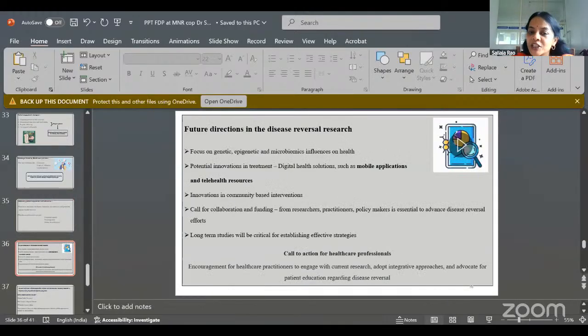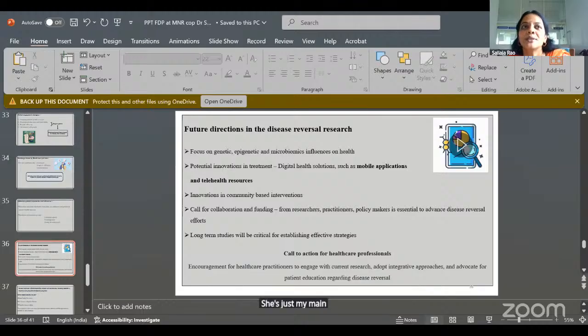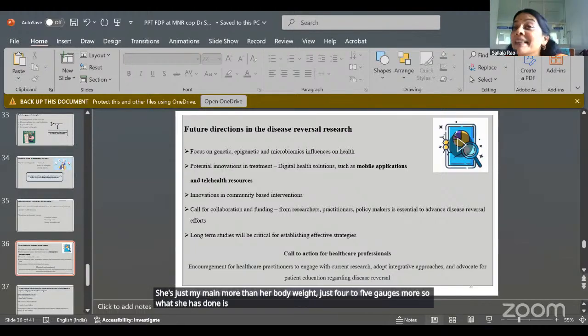Yes, future directions. I told you about some digital health solutions such as mobile applications and telehealth resources. I just want to give an example of my sister. My sister is overweight. She's not obese. She's just 4 to 5 kgs more than her body weight. What she has done is she has downloaded one healthy app.